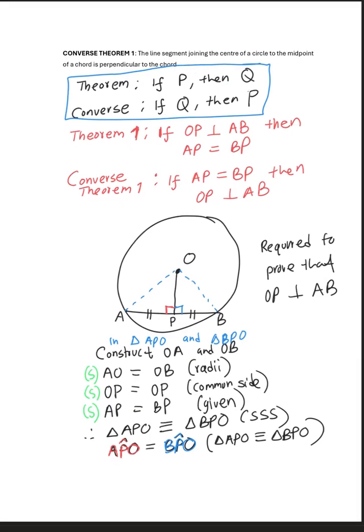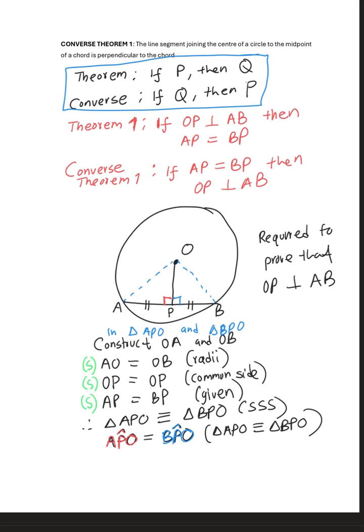And now what happens? We say angle APO plus angle BPO equals 180, and the reason is angles on a straight line. But angle APO is equal to angle BPO, so where we see angle BPO, we can replace it with APO.